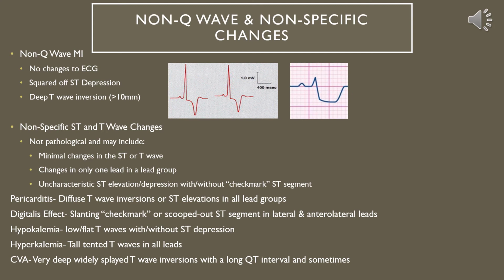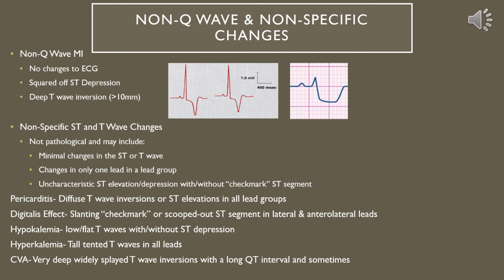There can be no changes to the EKG, so when you're looking at the 12 lead, it might have no findings, which can be normal with a non-Q wave MI. This could also be found with non-STEMI patients, so this is something that you might see.